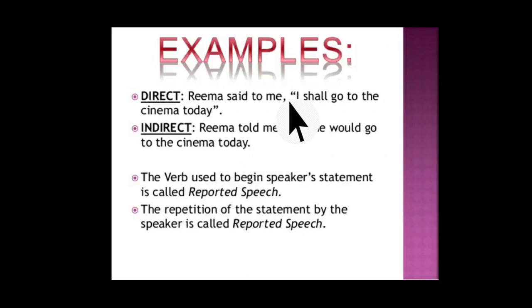We removed the inverted commas, we use a pronoun, and said to is changed into told. In direct speech the actual words are put in inverted commas, but in indirect speech the inverted commas are removed and there is a modification of the actual words of the speaker.